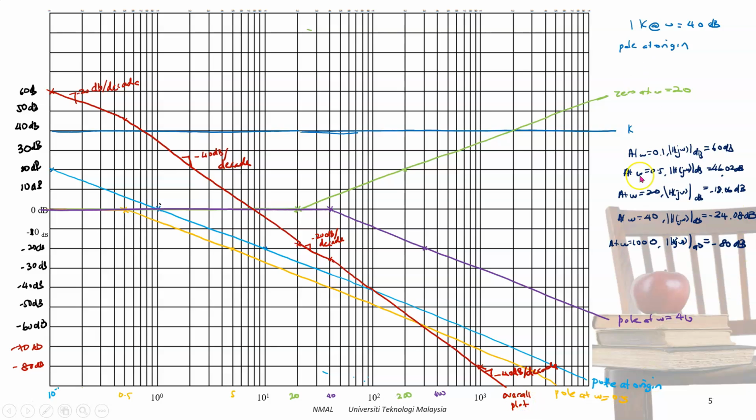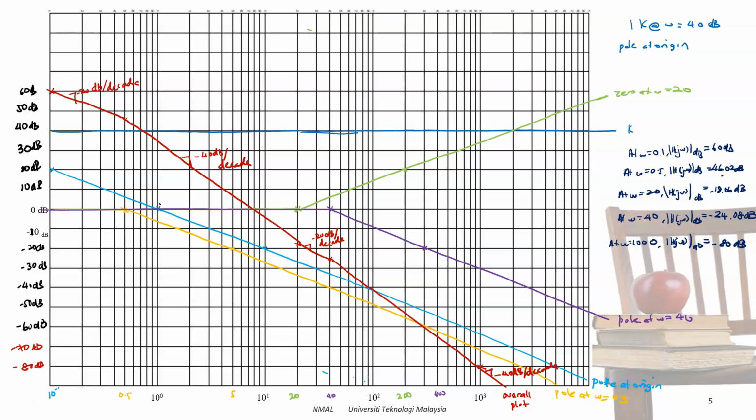So when you calculate like this, it will be easier for you to actually plot the exact position on the Bode plot. However, normally during the final exam, the question will be in terms of sketching.